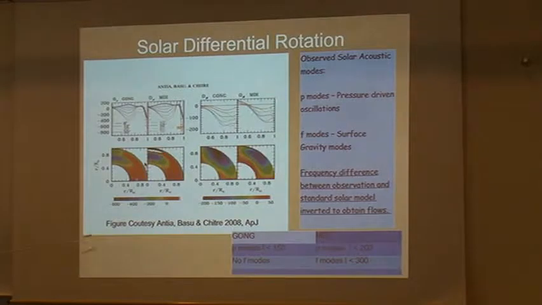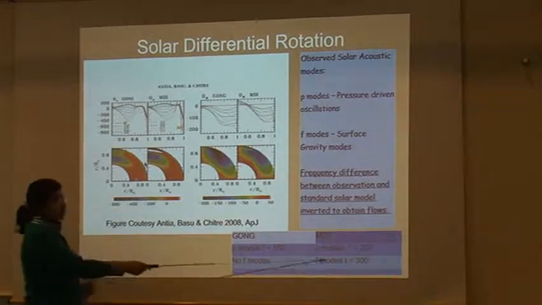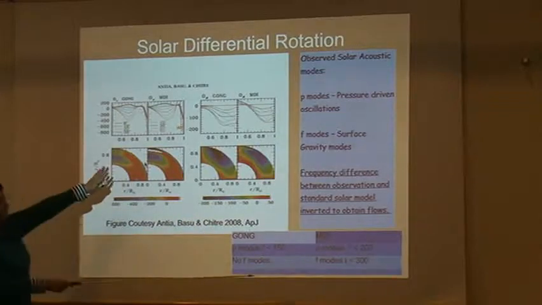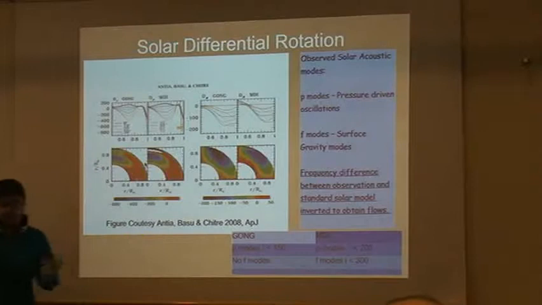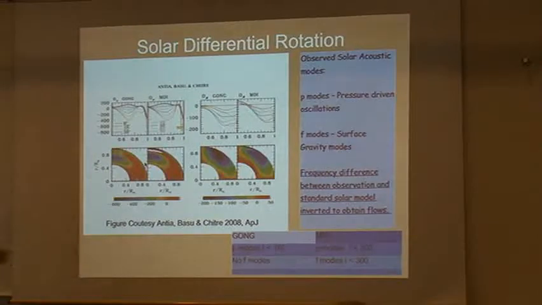But what this paper claims is that they have eliminated the F modes. I'm not talking about this figure. In the other figures I'm going to show, the torsional oscillation figures, they have tried to eliminate the F modes from the SOHO data and done a similar inversion, like in the GONG data. And they say that the inversion is more or less the same.